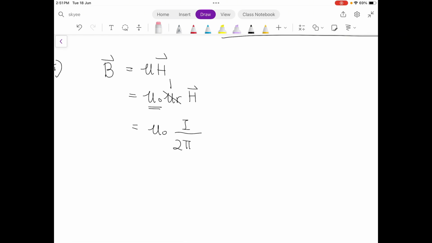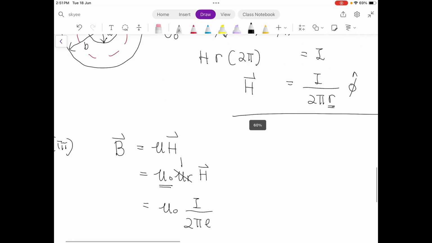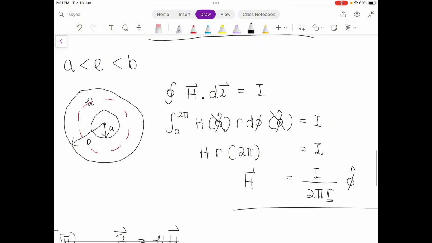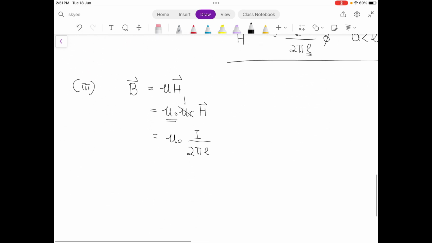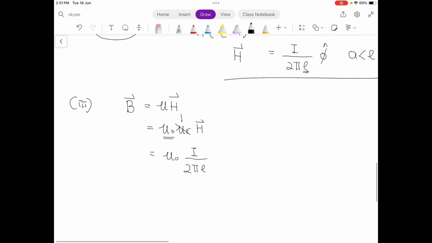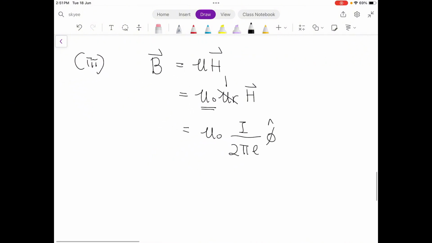I think I should use rho, because this is rho, so I will use rho here. Otherwise, it is very confusing. So the direction is phi. So this one will be the answer.